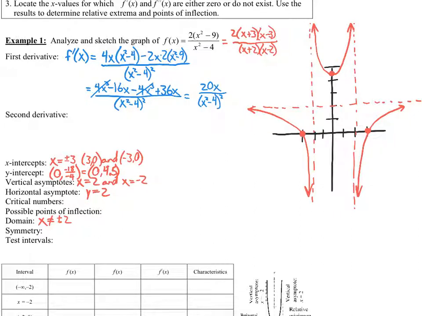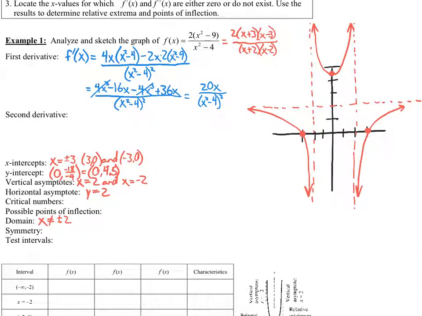Okay, so there's our first derivative: 20x over (x squared minus 4) quantity squared.